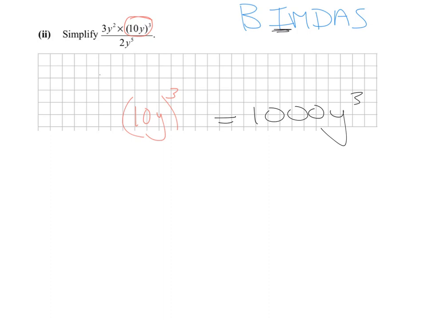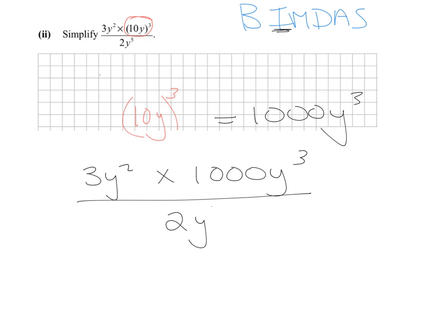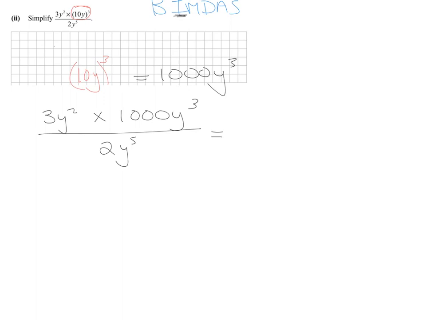So if we go back now, it's 3y squared multiplied by 1000 y cubed, all over 2y to the power of 5. I'm going to do my multiplying next. If I'm multiplying 3 by 1000, that's going to give me 3000.